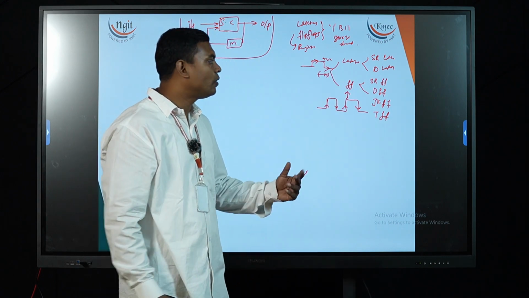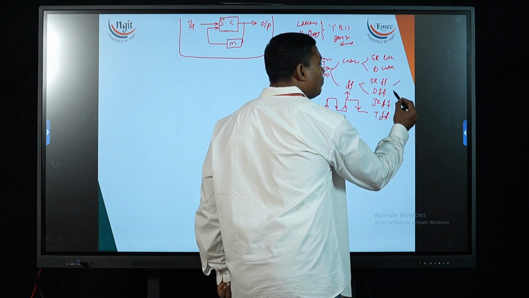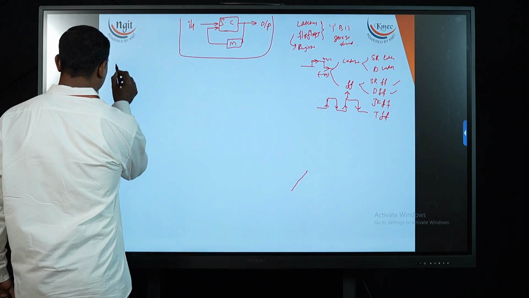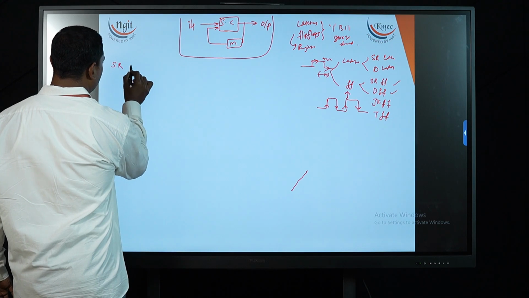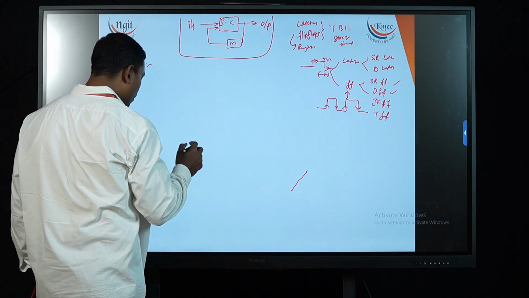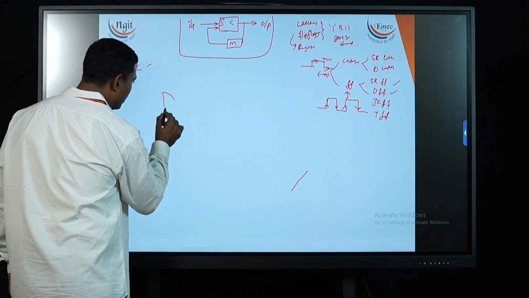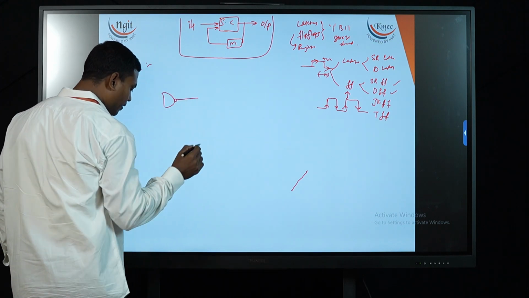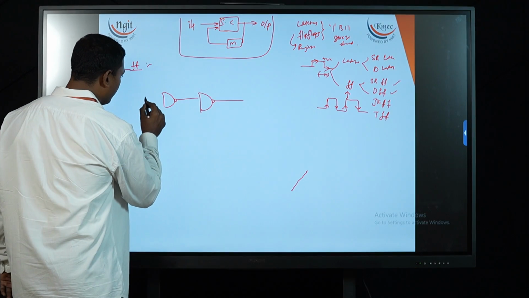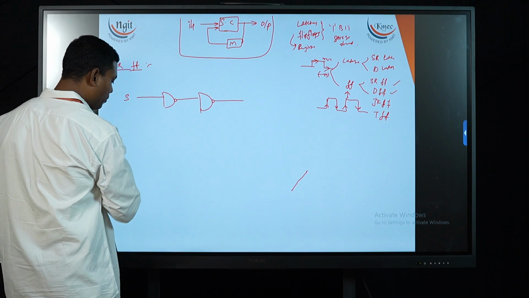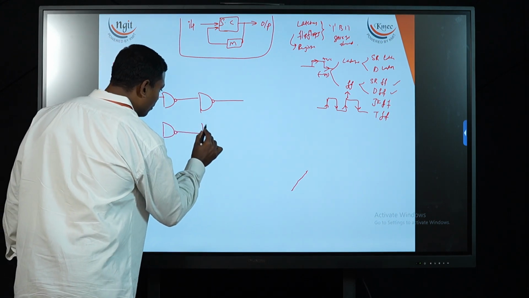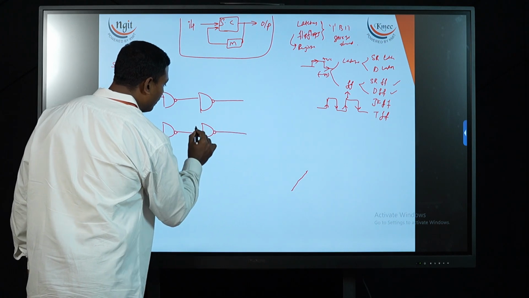Now in this session we are going to see the SR flip-flop and the D flip-flop. Let us see the SR flip-flop. The SR flip-flop is constructed using 4 NAND gates. This is a NAND gate connected to one more NAND gate which has S as input, and another NAND gate connected to one more NAND gate.